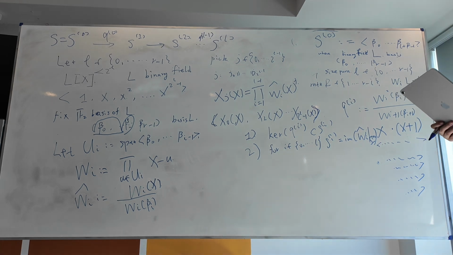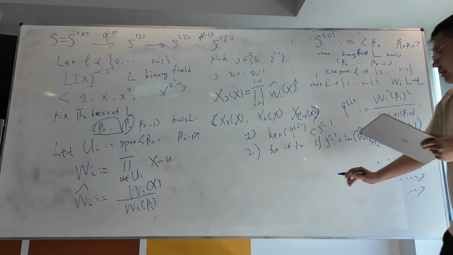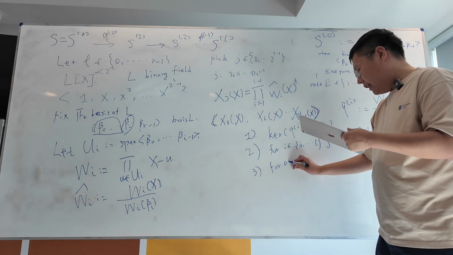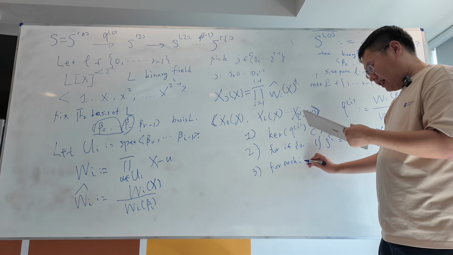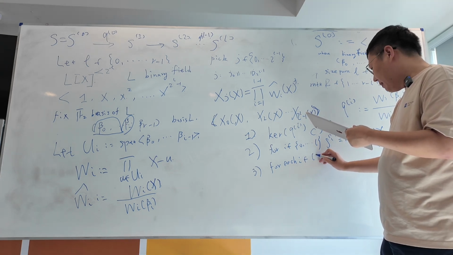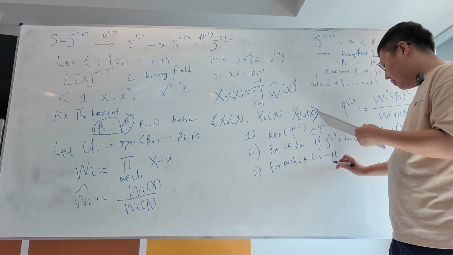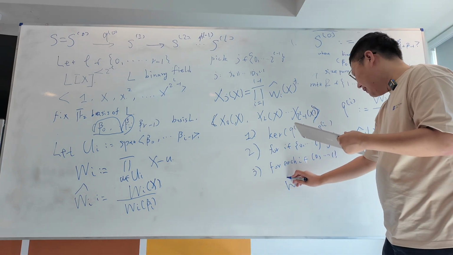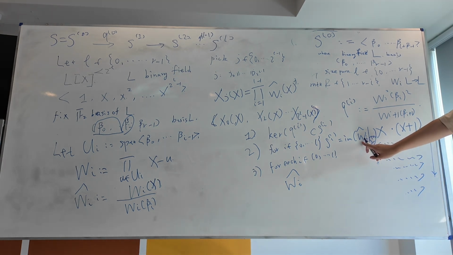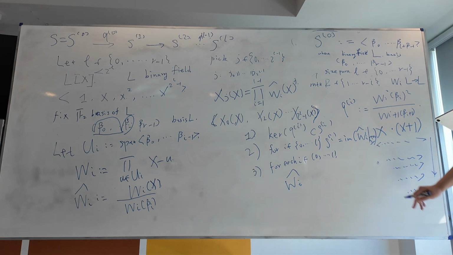Okay. Also, for i in L, this Wi. So what we show here is that if you want to go from here to somewhere here, you just do the evaluation of this W hat.